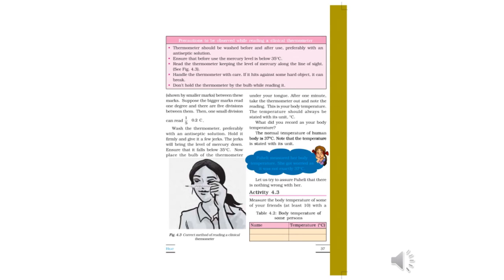Handle the thermometer with care because it has poisonous mercury inside and is made of glass. Then the last point: do not hold the thermometer by the bulb while reading it. These are the things we have to keep in mind.